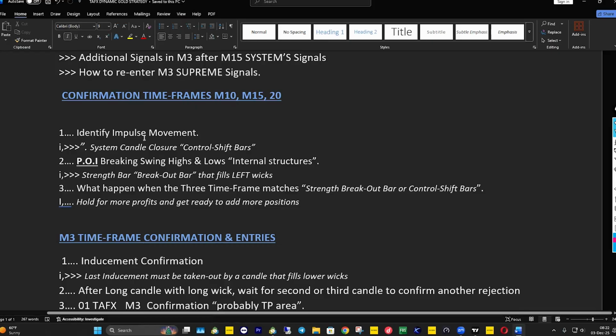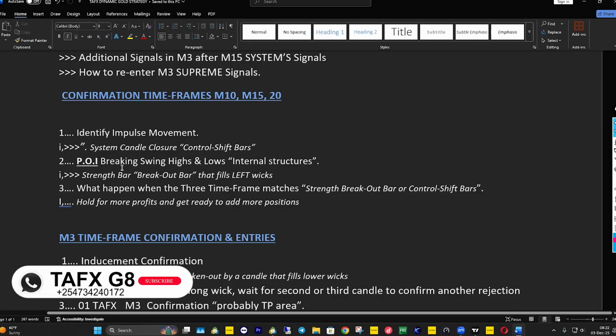Number 1, again, about confirming time frames. Number 1, it is to identify impulse movement. That means that the system's candle control shift must appear in every time frame there in order to give you the entry after the impulse movement. The point of interest is when breaking highs and lows, or in other words internal structures.